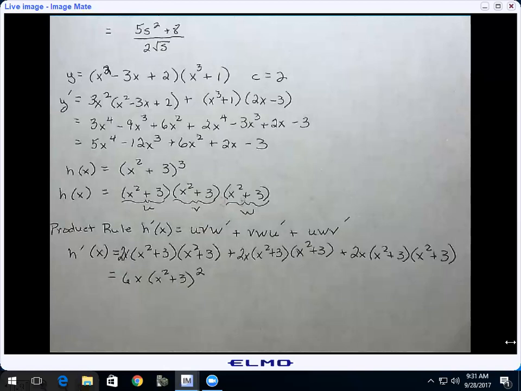Since you just took the two terms and made them squared, how did you get from 2x to 6x? Let me correct something you said. You said I took two terms and made them x squared plus 3 squared. I didn't take two terms. I took two factors and made them this. This is like 2 cows plus 2 cows plus 2 cows.